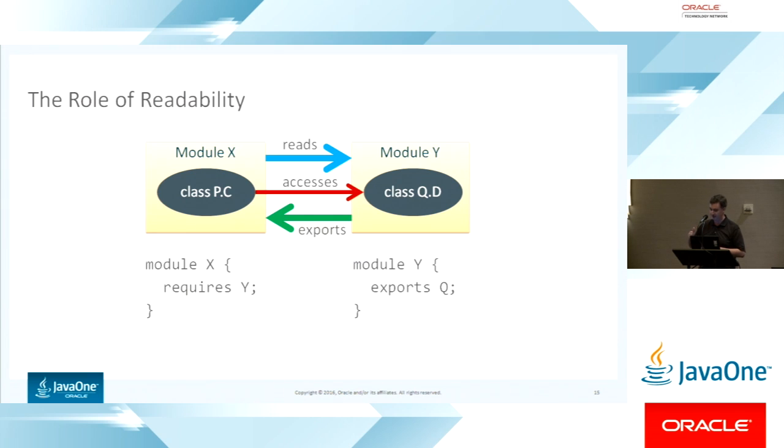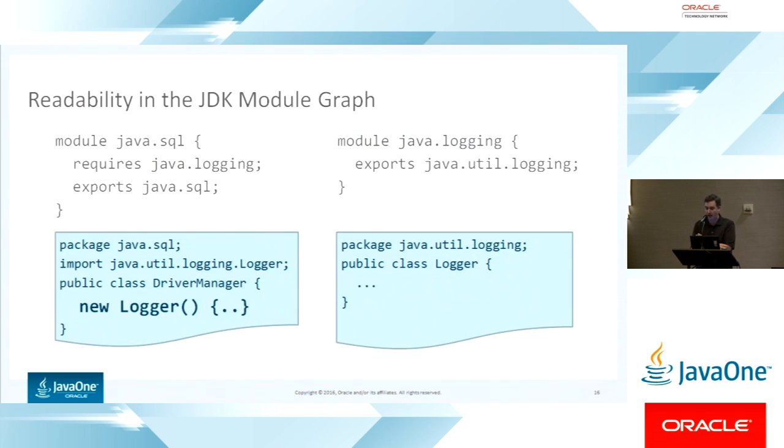You should think in terms of the set of modules needed transitively by your application. That is, the indirect dependencies can be as important as the direct dependencies. Let's see how readability models this. I'll use an example of readability from the graph of JDK modules.